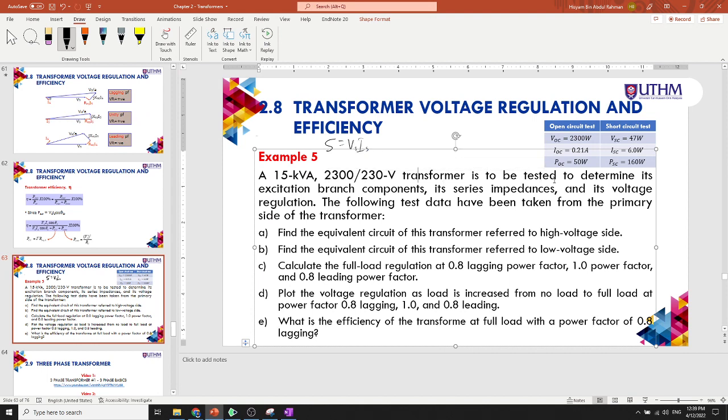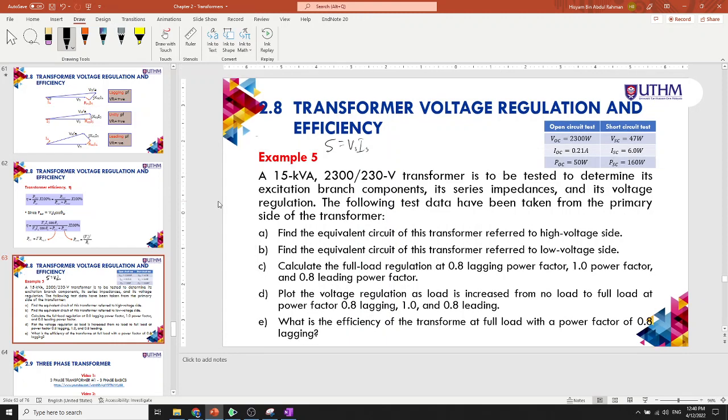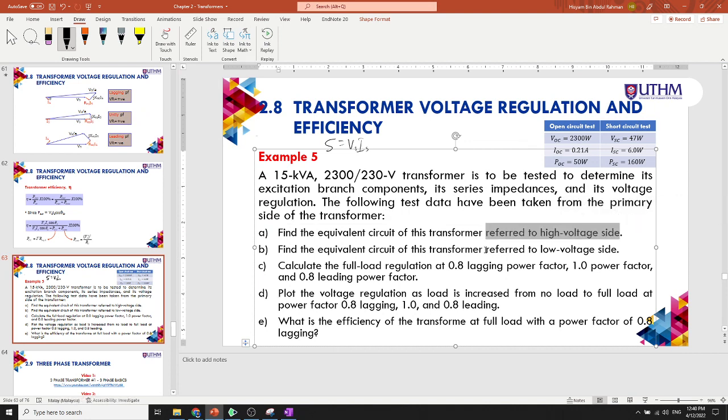The transformer is to be tested, determine the excitation branch, its series impedance, and its voltage regulation. The following test data are taken from the primary side. They ask you to get the parameters for the impedance, and then calculate it referred to the high voltage side, and then referred to the low voltage side. For the high voltage side, you just refer to which one is the highest.